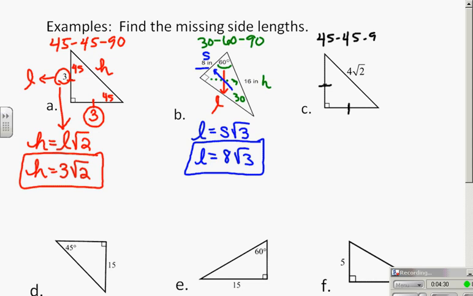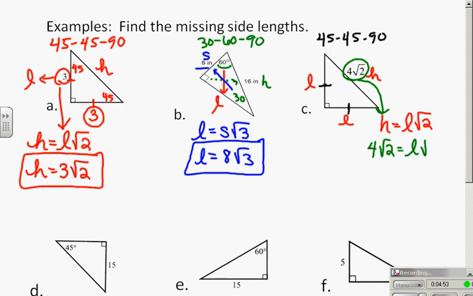Example C. This is a 45, 45, 90 triangle where I know my hypotenuse and I want to find my legs. Now what does my general formula say? My general formula says the hypotenuse is equal to the leg times the square root of 2. Well, in this case, we're going to substitute in the hypotenuse because that's what I know. 4 radical 2 is equal to the leg times the square root of 2.